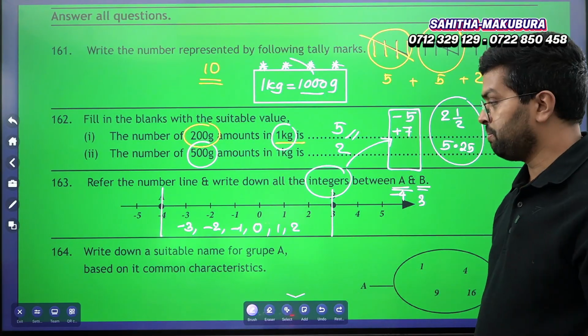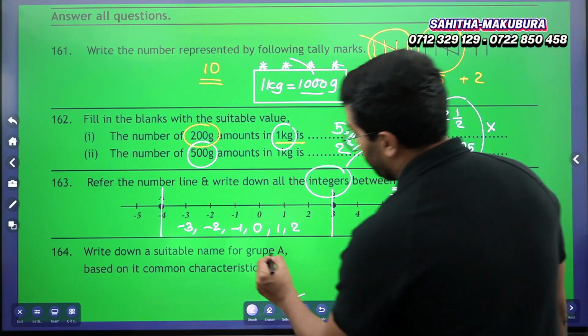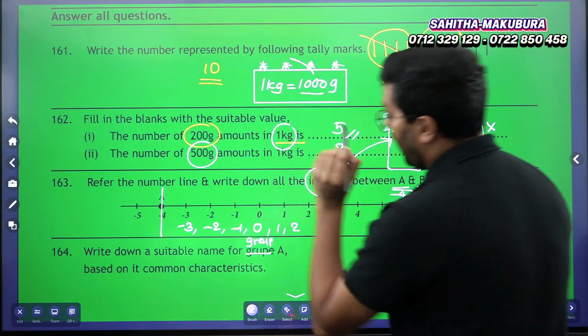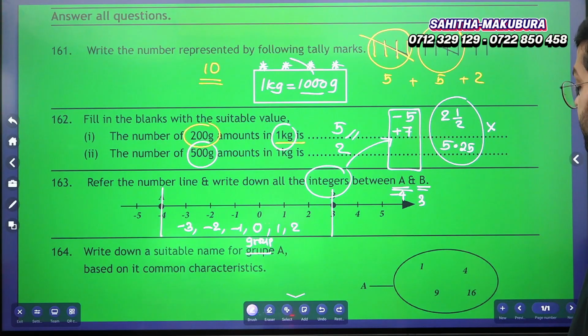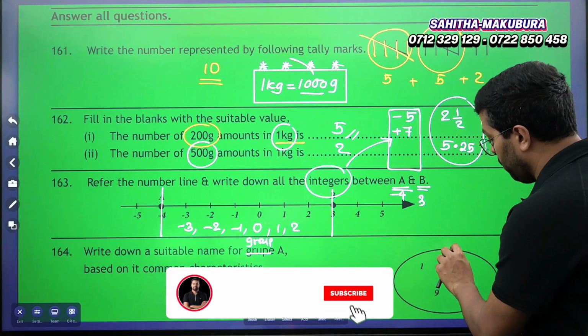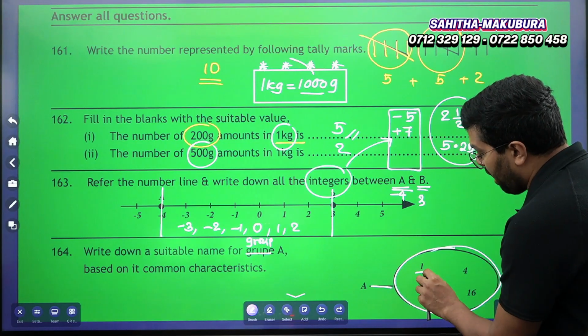I hope that's clear. Write down a suitable name for group A based on its common characteristics. There's a printing mistake. We have a group named A. So what do we have in A?